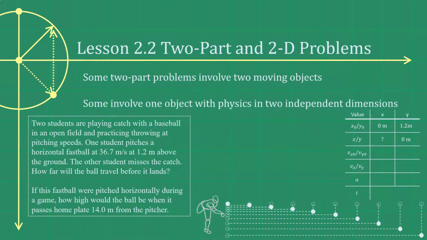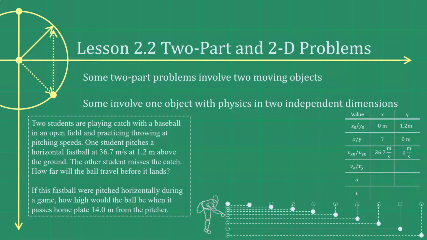The original velocity in the x, well, I'm given 36.7 horizontally, so 36.7 is going to be the initial x velocity. What about the initial y velocity? Its initial velocity toward the ground if it's thrown horizontally. Well, it's the same as if it were dropped. Its initial velocity is going to be 0 in the y dimension, vertically.